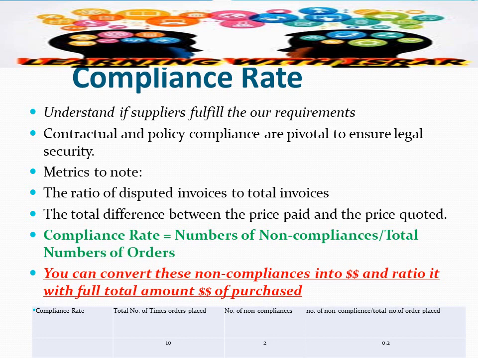So according to me, compliance rate is equal to the number of non-compliances divided by the total number of orders. So if we place 10 orders to a vendor and 2 of the orders are non-compliant, it is like 20%, or a 2 to 8 ratio.